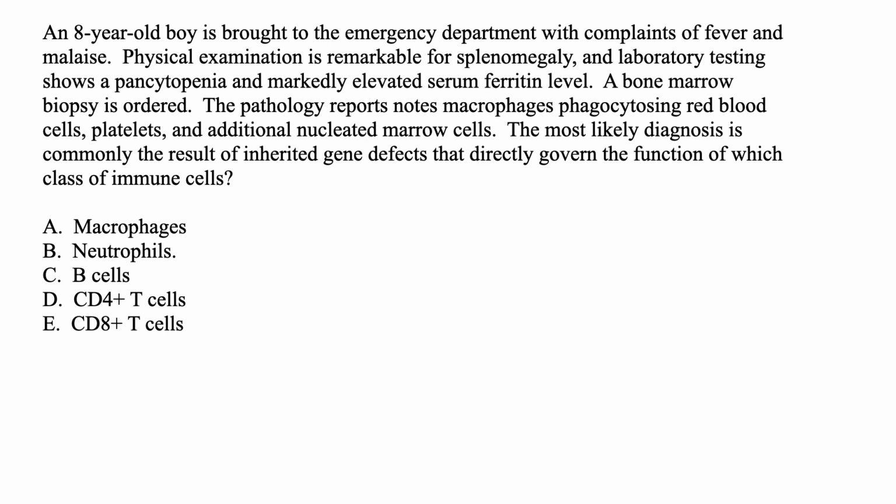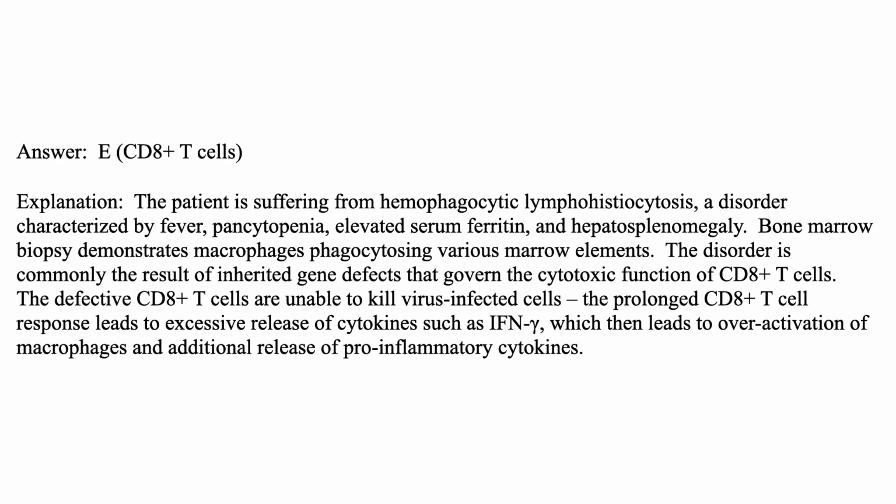And the most likely diagnosis is commonly the result of inherited gene defects that directly govern the function of the immune system. So this is the activation of CD8 T cells. So this is hemophagocytic lymphohistiocytosis, which I was stumbling on a second ago. Sorry about that. And then, like I said, the characteristic feature of this is that engulfment.